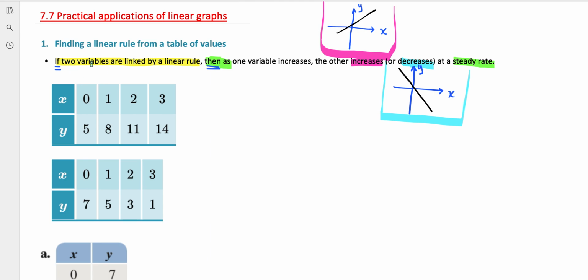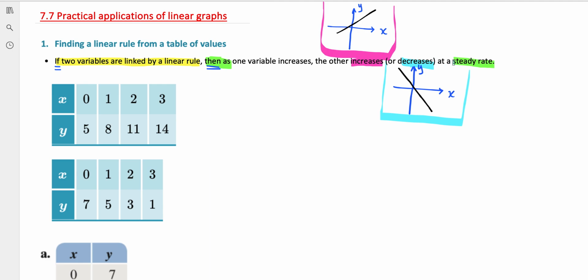If two variables, in this case we're analyzing x and y, are linked in a linear rule, they are not always, but if they are, then as one variable increases, the other increases. That's this case that we have here. Or as one variable increases, the other one decreases. That's the one that we have here in blue, at a steady rate.